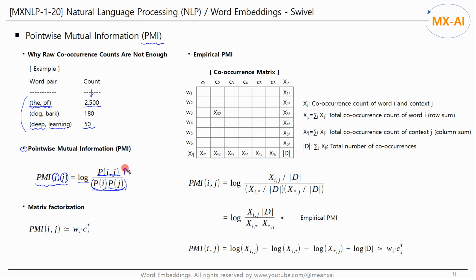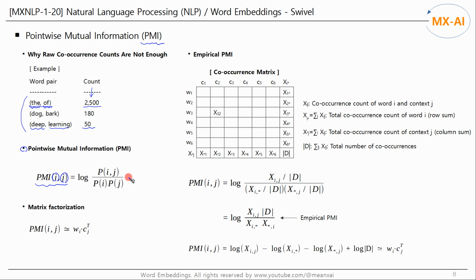If the actual probability of the two words occurring together is much larger than this expected value, the fraction inside the logarithm becomes greater than 1 and the PMI becomes positive. A positive PMI tells us that the two words co-occur more often than we would expect by chance, suggesting a meaningful semantic relationship.